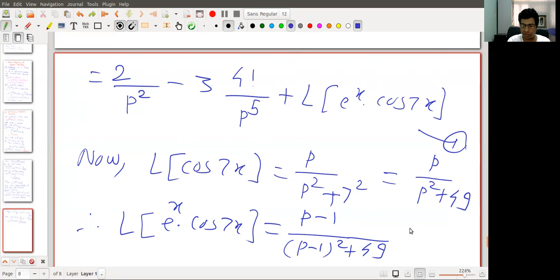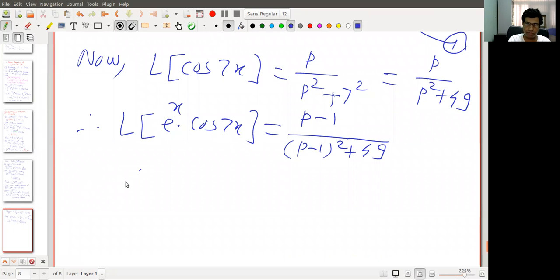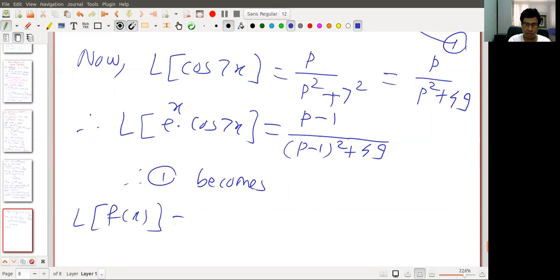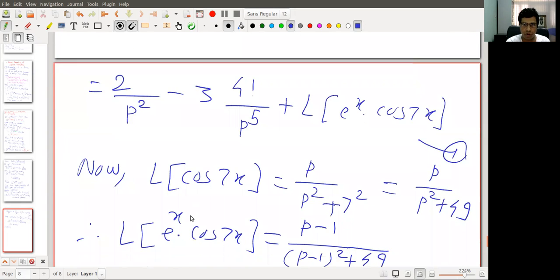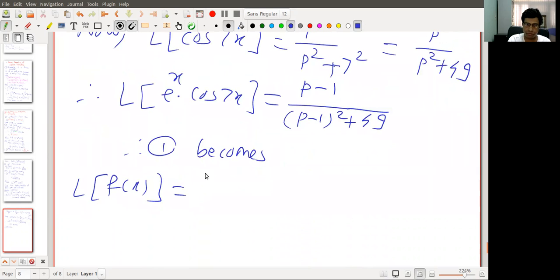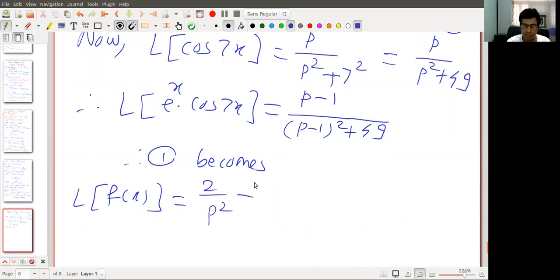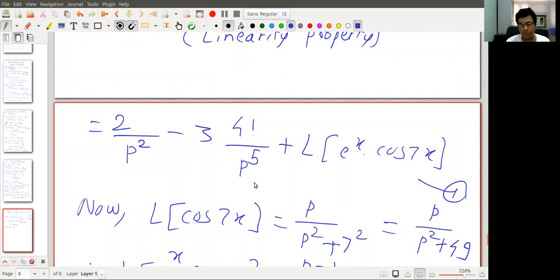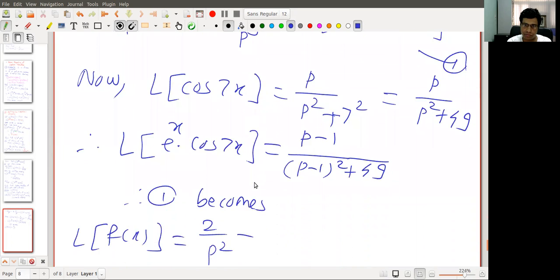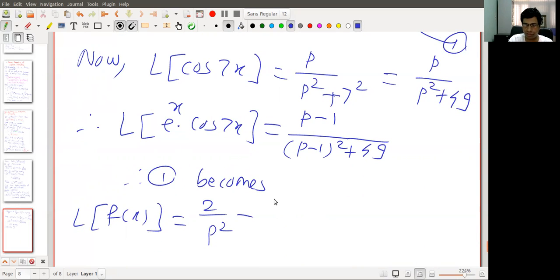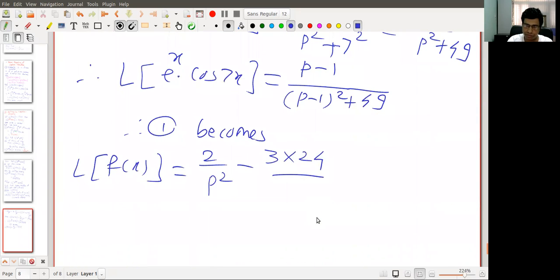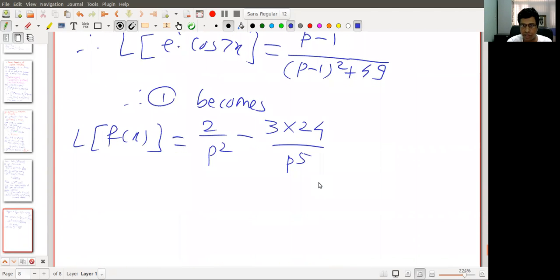Now we substitute this in 1. Therefore 1 becomes Laplace transform of f of x equal to 2 upon p square minus 3 into 4 factorial. 4 factorial is 4 into 3 into 2, that is 24, divided by p raised to 5, plus this L of e raised to x cos 7x.